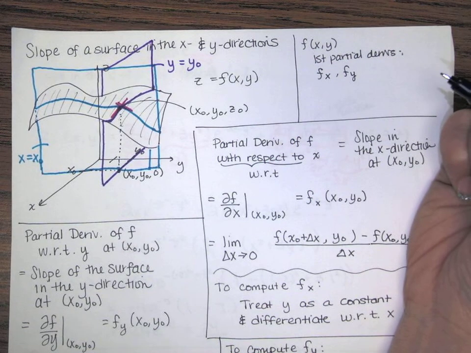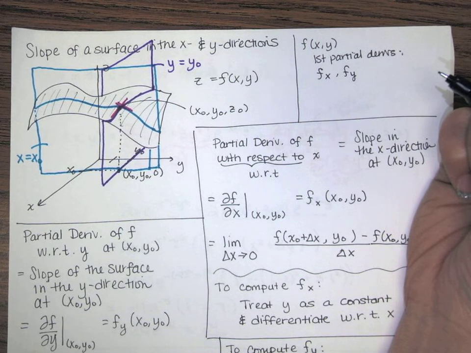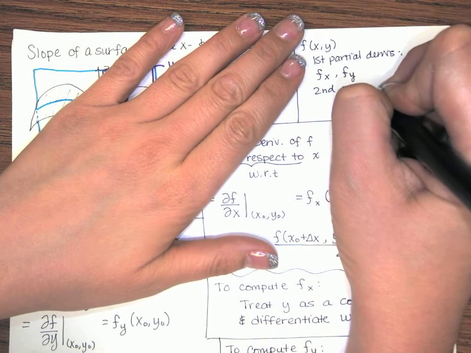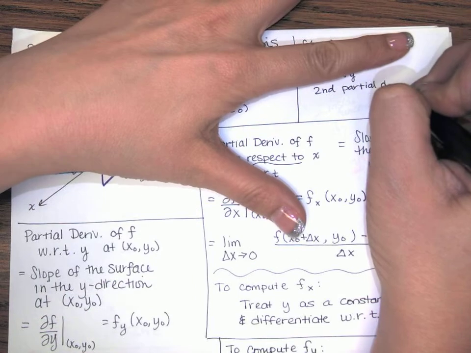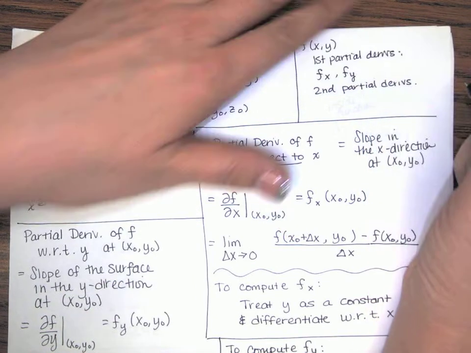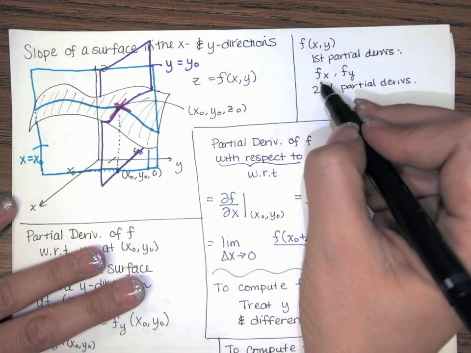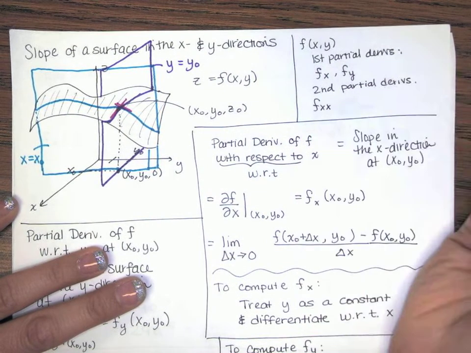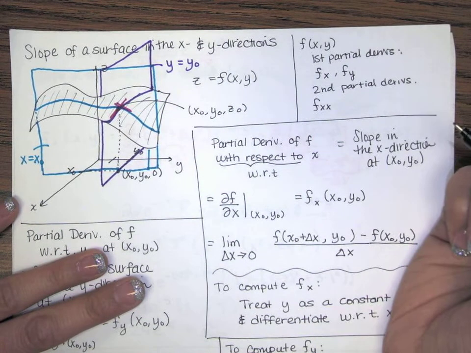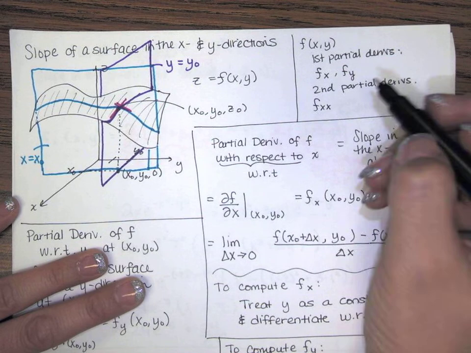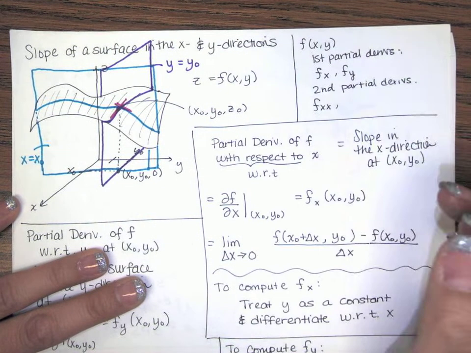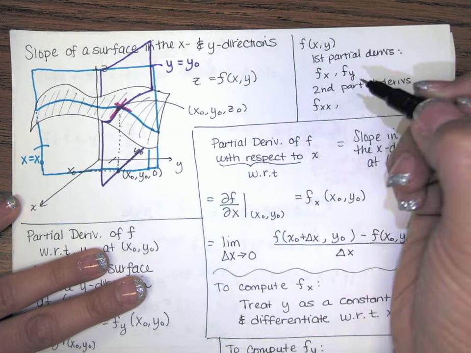Now the function also has what are called second partial derivatives. Sometimes people will just call them second partials. I can take the derivative with respect to x and take its derivative with respect to x again. That's the second partial of f with respect to x. I can take the derivative with respect to y, and I can take the derivative with respect to y again.